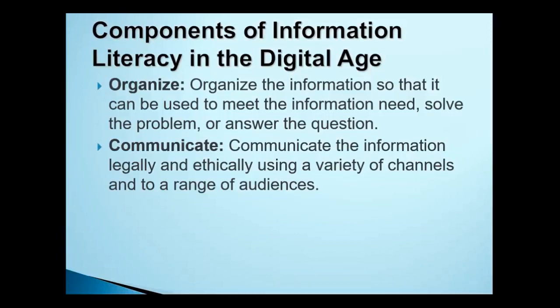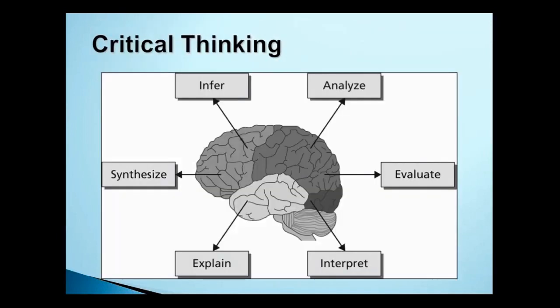We're going to write the information in print. There are other ways that we can communicate the information as well, for instance, presenting the information. So we found the information, now we're going to present it to a group of people with our findings. And so maybe we create a PowerPoint. Okay, so those are the steps, the components of information literacy in the digital age.